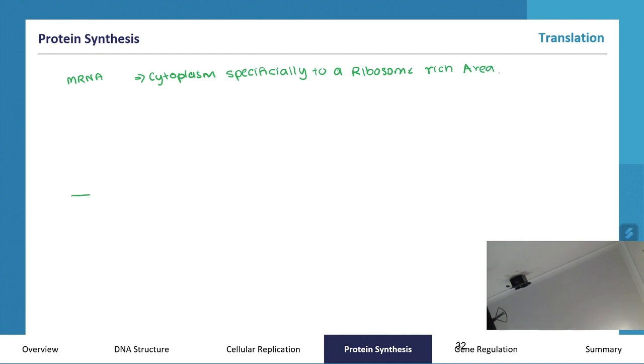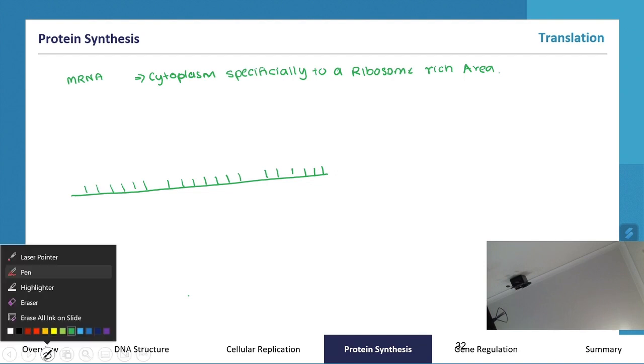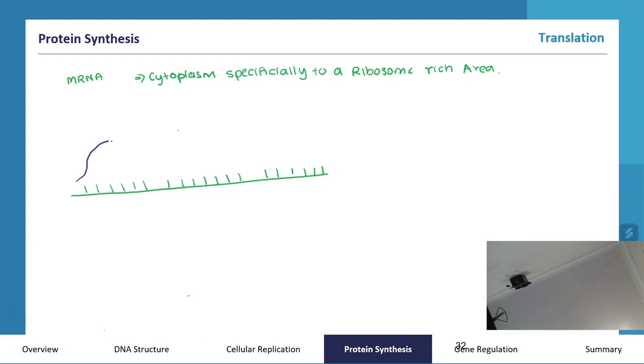So we end up with the mRNA strand right here. And then as it moves into the cytoplasm, a ribosome will come into contact with it. Imagine this is our ribosome. And the mRNA strand is read in groups of 3 called codons.